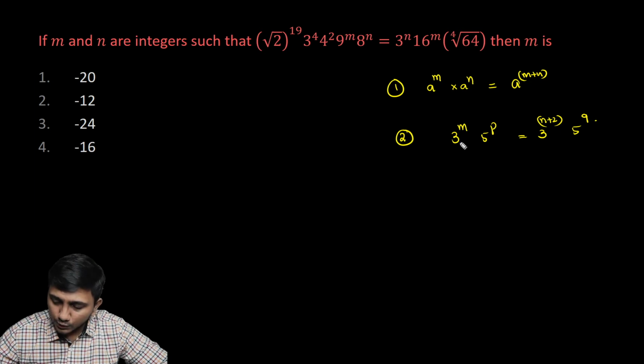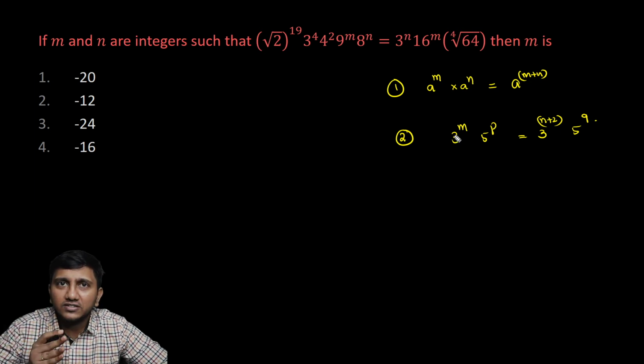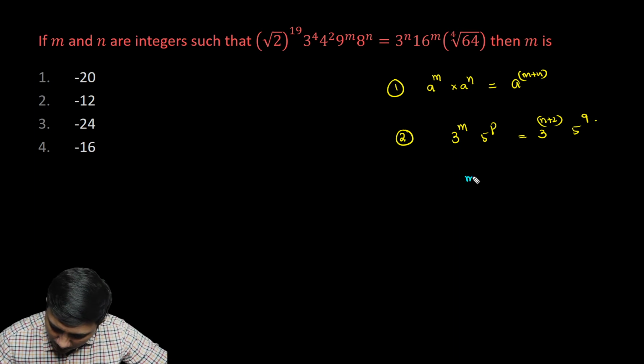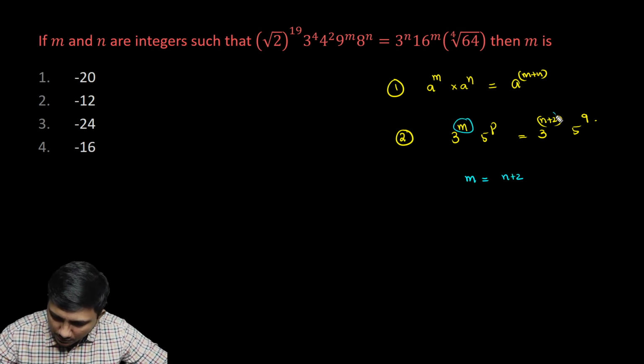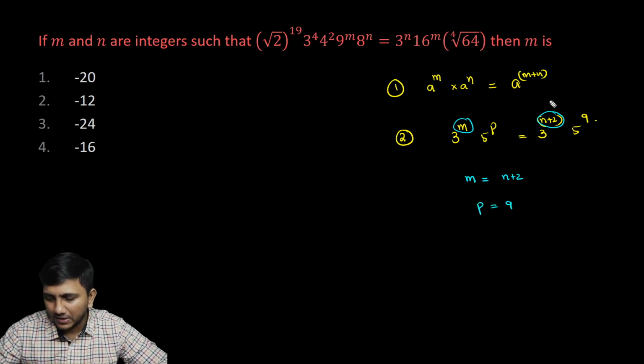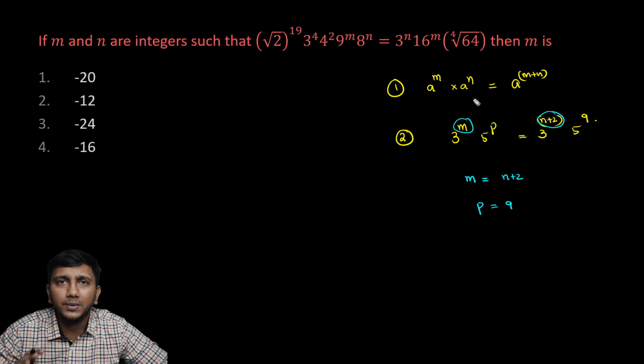What you can do is equate the powers of 3 on the left hand side to the powers of 3 on the right hand side. Similarly, powers of 5 on the left to the powers of 5 on the right. So I can equate m to n plus 2 because those are the powers of 3. Similarly, p I can equate to 9. So these are the two fundamental concepts being tested in this question.